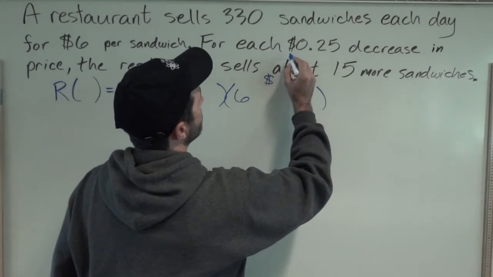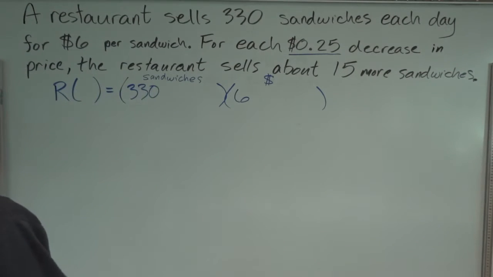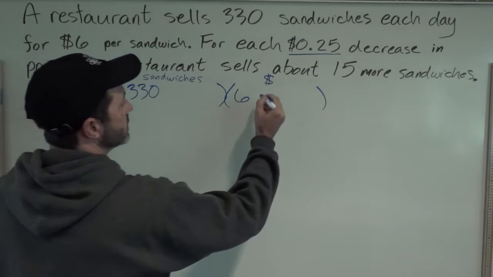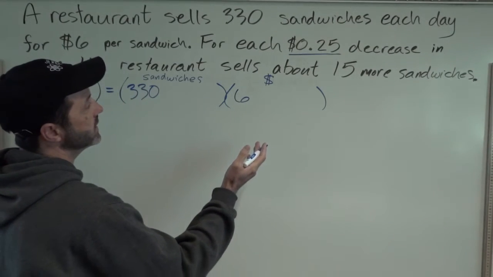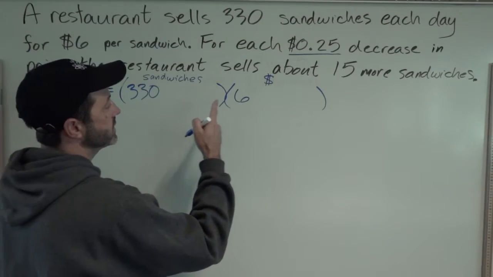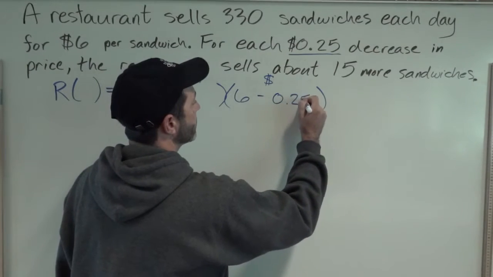Okay, so for a 25-cent decrease in price, the restaurant sells about 15 more sandwiches. How do I show a decrease in 25 cents? I put it here? No, that's counting sandwiches. I put it here? Yeah. So I'm going to take away 25 cents.